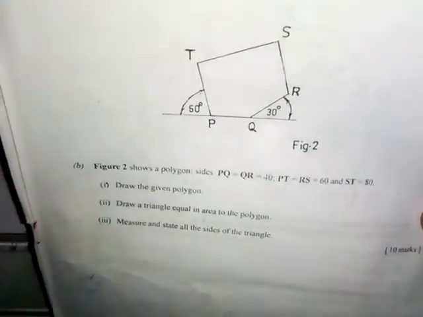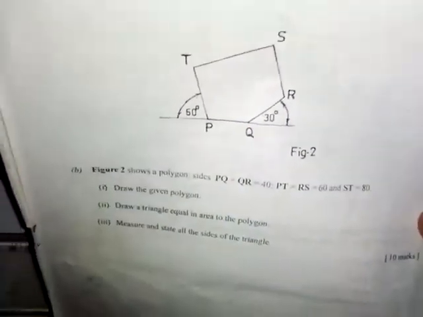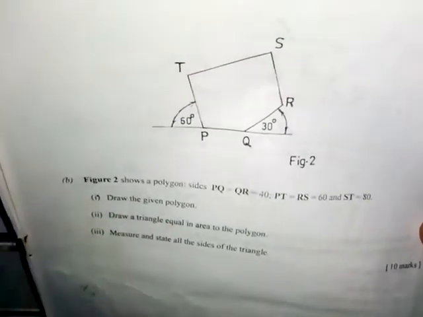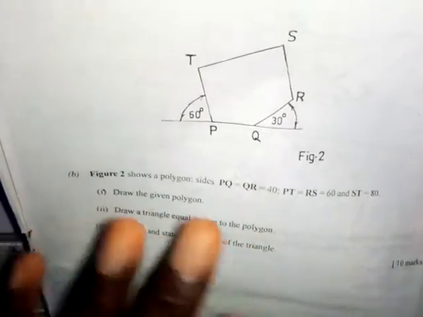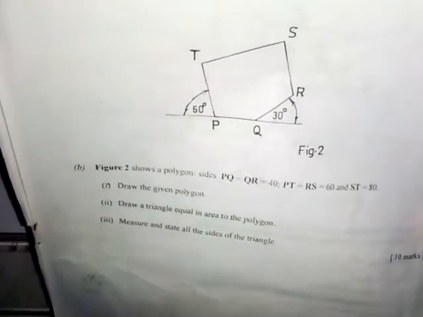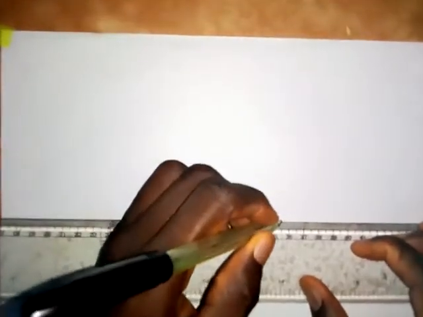The first thing to do is to replicate the figure that we are given. We are going to make use of these dimensions to answer all these questions. Draw a straight line here.